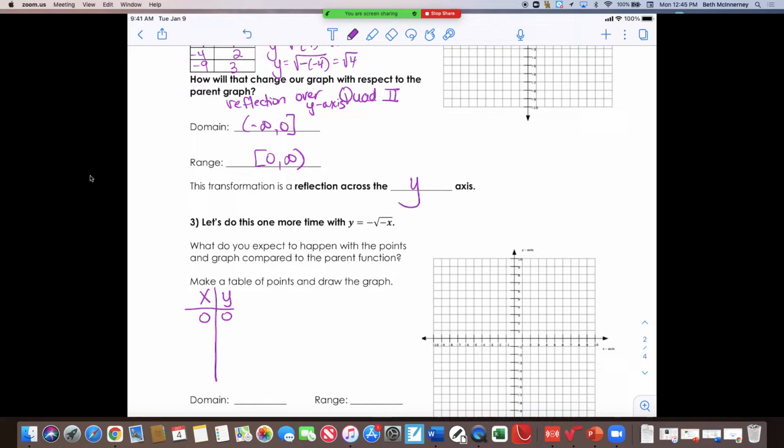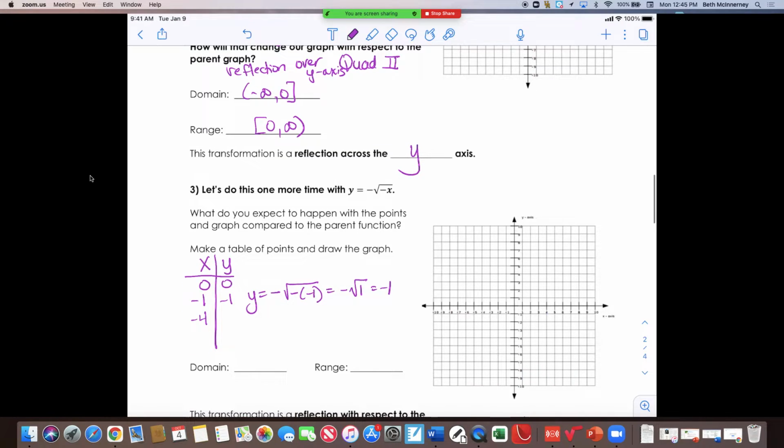You can't plug in 1 because then that's the square root of negative 1. So I actually need to plug in negative 1 because that's going to give me negative the square root of negative 1. So that's negative square root 1, which is negative 1.